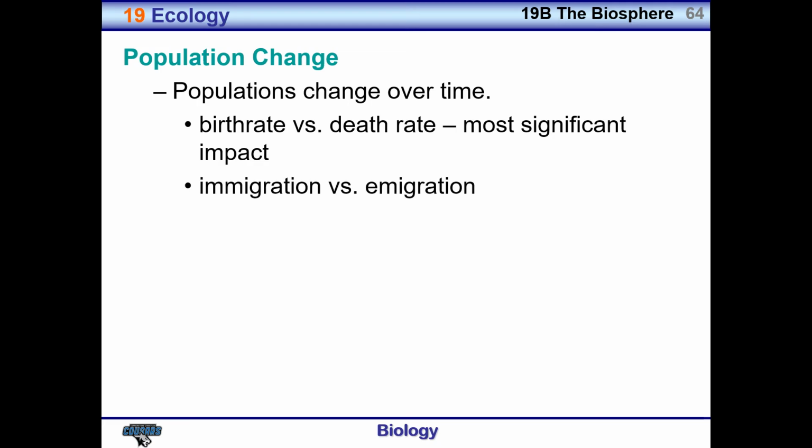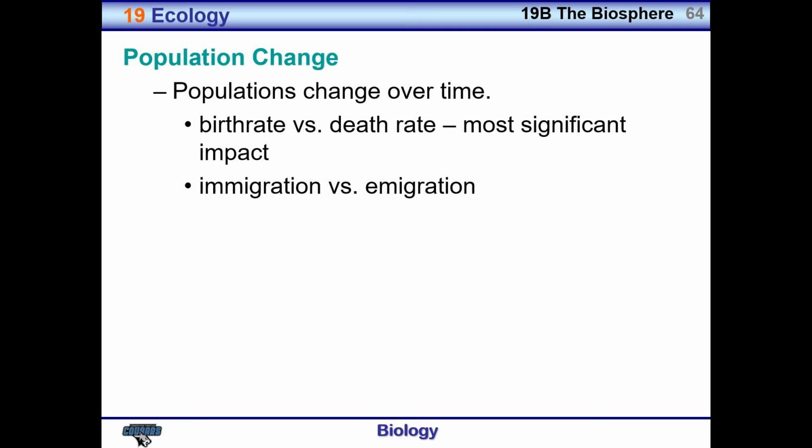The population in an area can also change if individuals are moving into an area. That's called immigration. But the population could also decrease if we have organisms emigrating, which means moving out of an area.